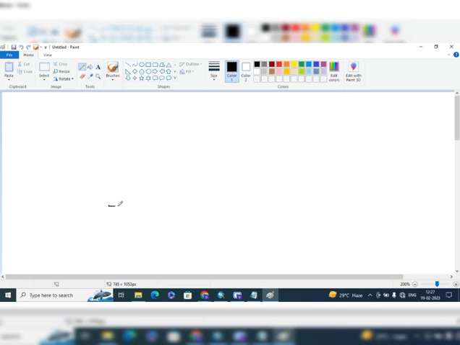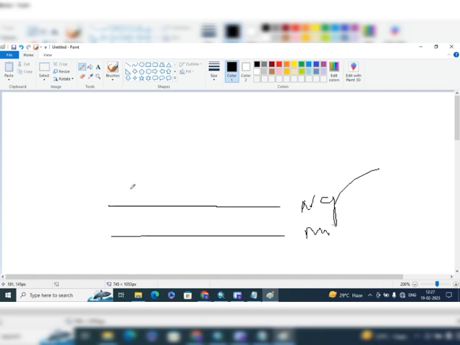The balance is that if we are using the mean value, suppose this is the average value, this is the average value, and suppose this is the minimum value, and this is the maximum value.